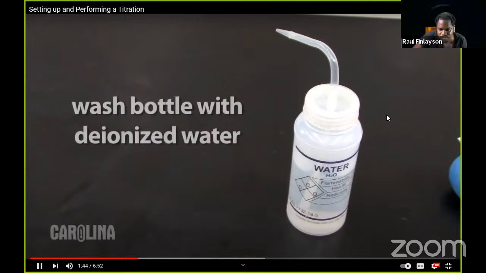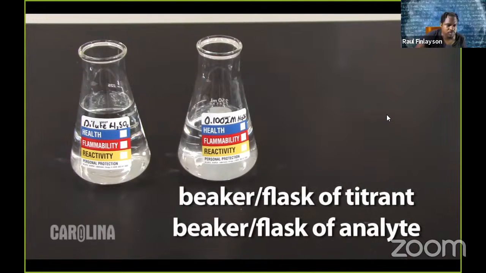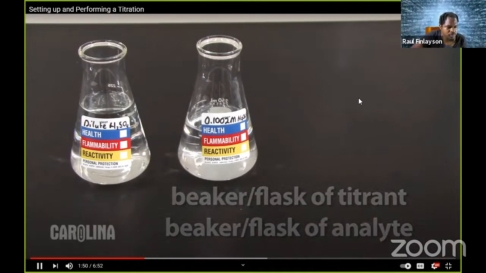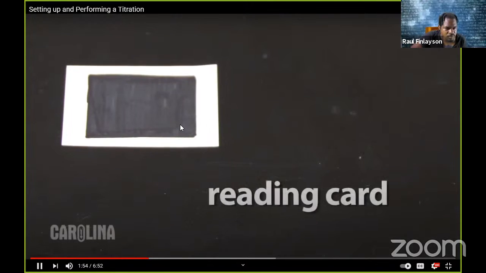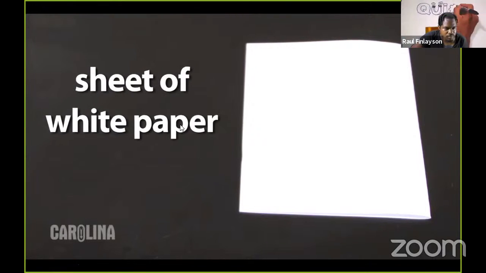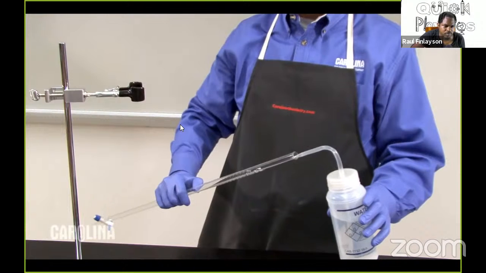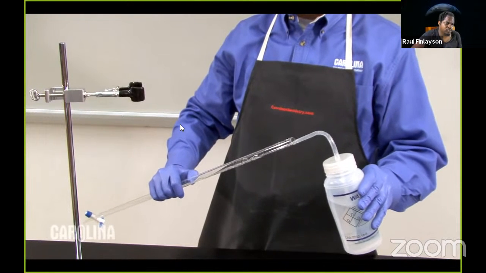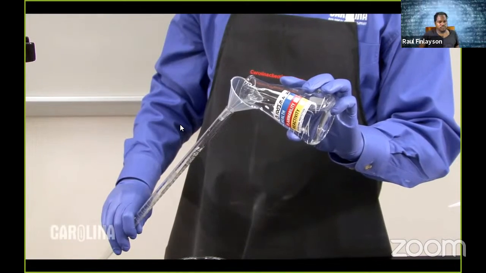Let's lay it out: a wash bottle filled with deionized water, a beaker or flask of titrant and of analyte, an indicator selected for your reaction, a reading card to help read the meniscus, and a sheet of white paper to help visualize the endpoint. To prepare your burette for the titration, it is good laboratory practice to rinse your burette thoroughly with deionized water, then with a small amount of titrant.